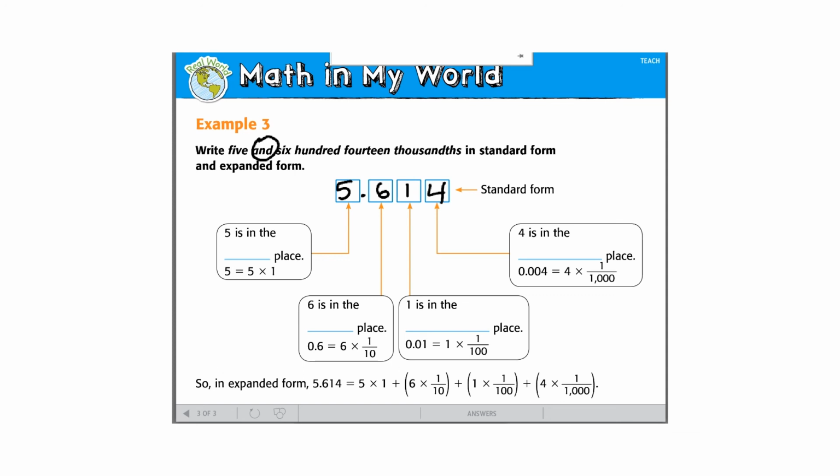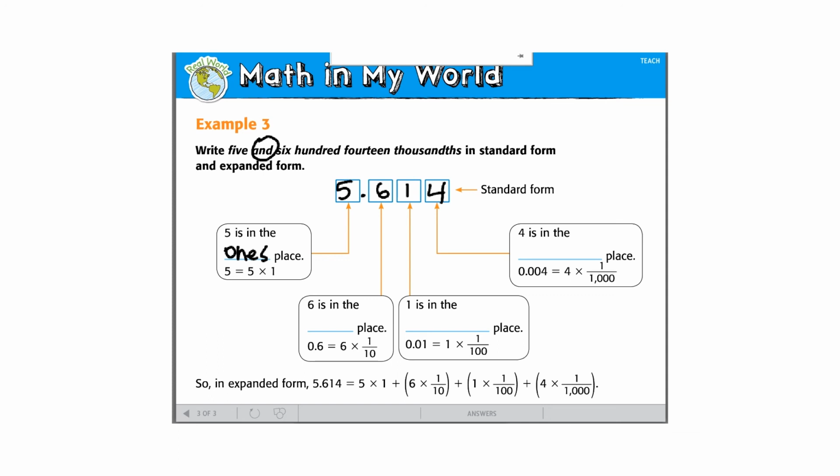So the 5 is in the ones place. What? I thought it was in thousands. The 5, yeah, that's the ones place. The space right before the decimal is always the ones place. That's weird. That's the way it is. If there was a number before the 5, that would be the tens place. Like you're going backwards into what we learned the first lesson.